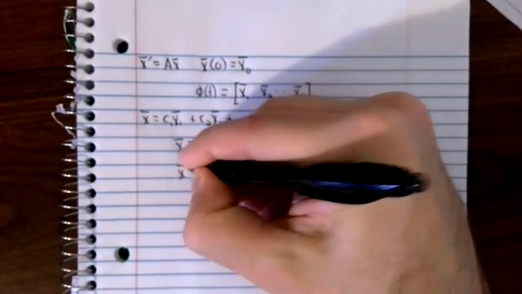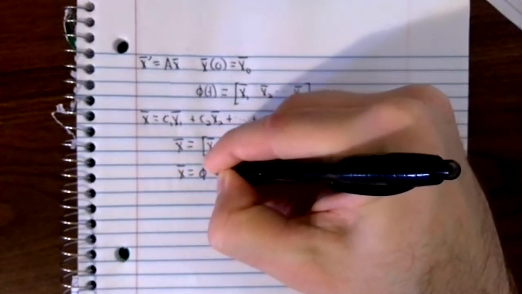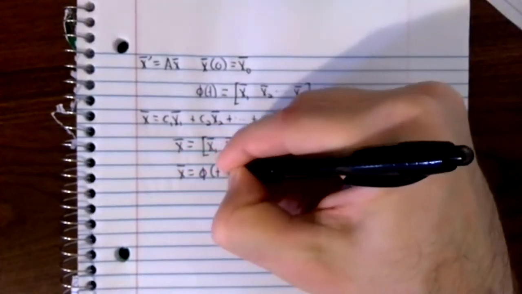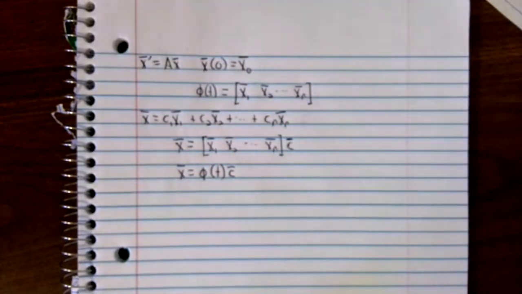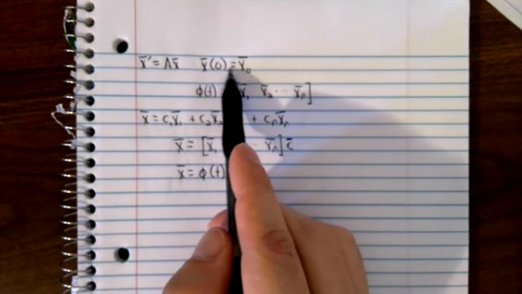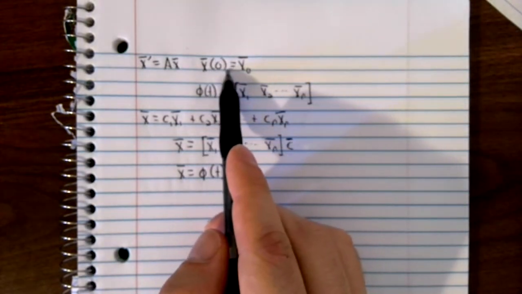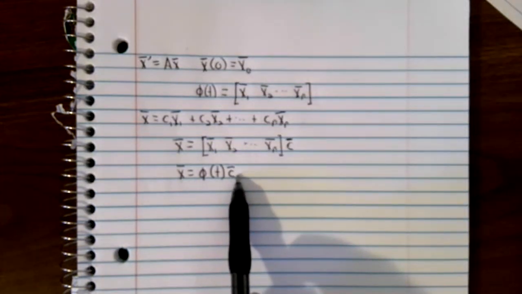So x equals Φ(t) times c. To make this satisfy the initial condition, we need to properly select values of c.